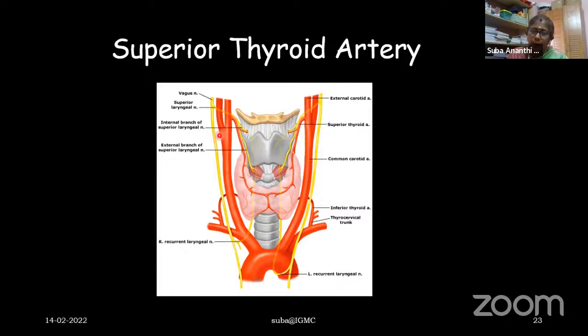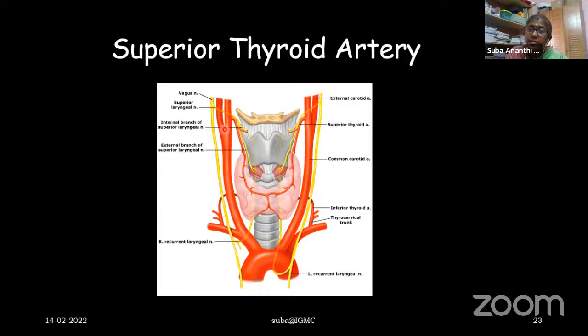The common carotid artery terminates into external and internal. The first branch of the external carotid is the ascending pharyngeal, a medial branch. The second branch is the superior thyroid artery. We have anterior branches, and among the anterior branches, the superior thyroid artery is the first branch.